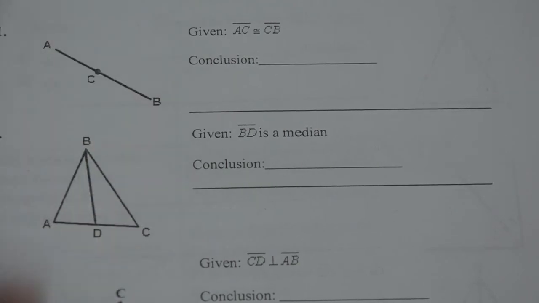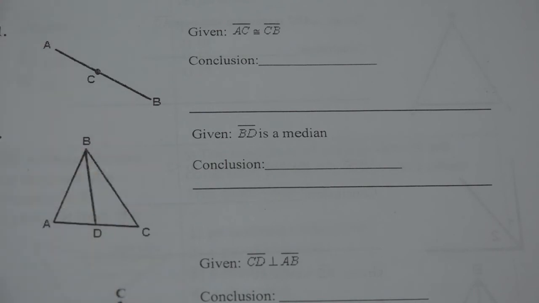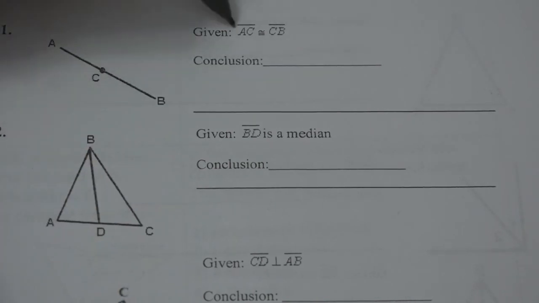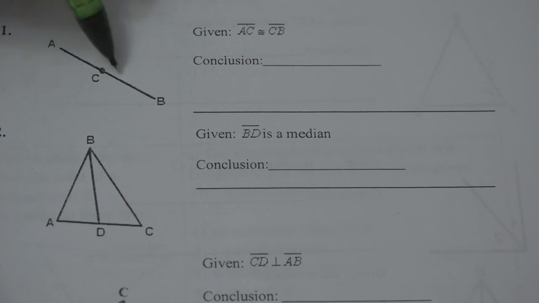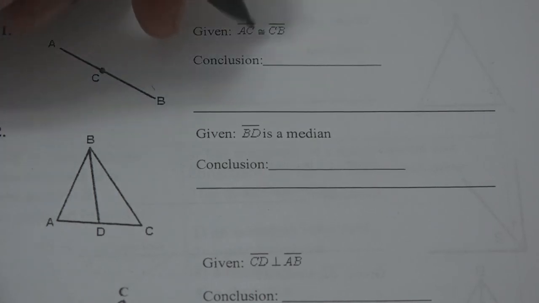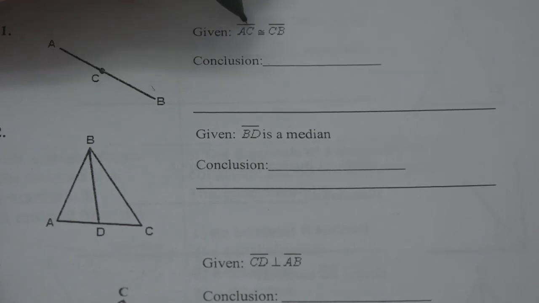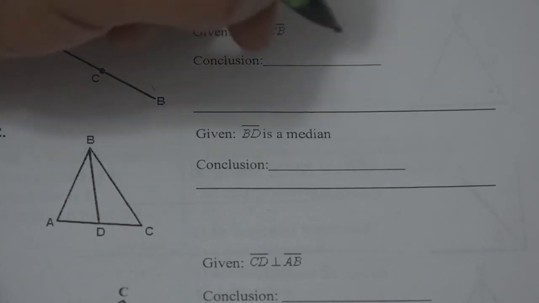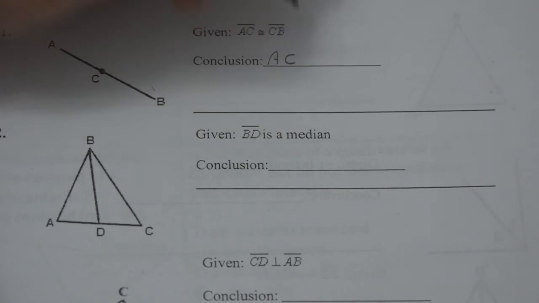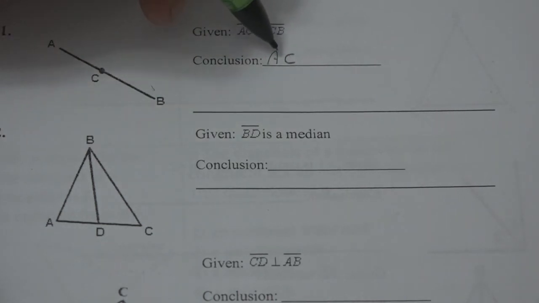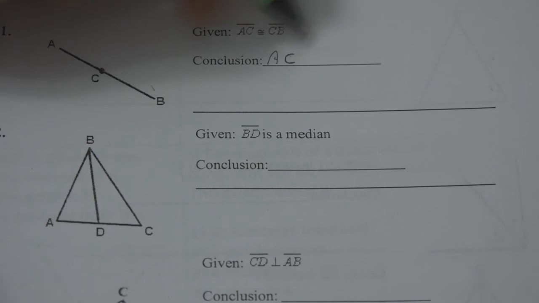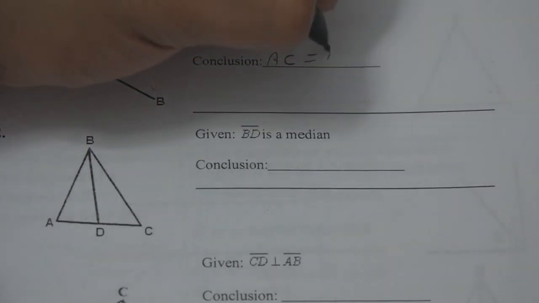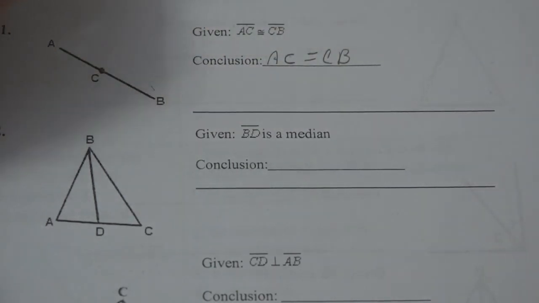Alright, so in this part, they're gonna give us a couple of drawings, diagrams, and we're supposed to draw conclusions. So here, for example, they said that AC is congruent to CB. So what is my conclusion? After they say that the segments are congruent, you could always say that the measure of AC, notice that I didn't put the bar on top, is equal to the measure of CB.